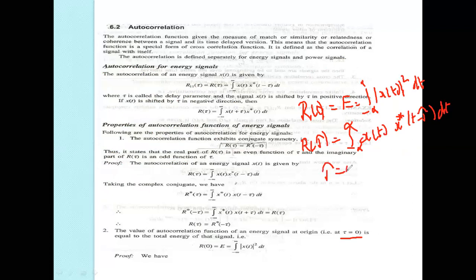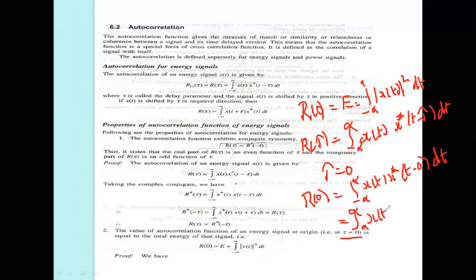Tau is equal to 0. R of 0 is equal to the integral from minus infinity to infinity of x of t x conjugate of t minus 0 dt. That is equal to the integral of x of t and x conjugate of t dt.